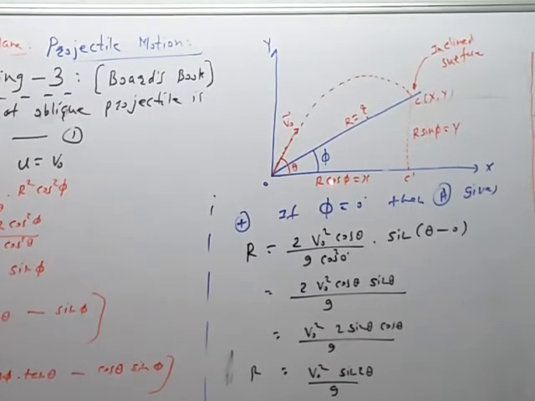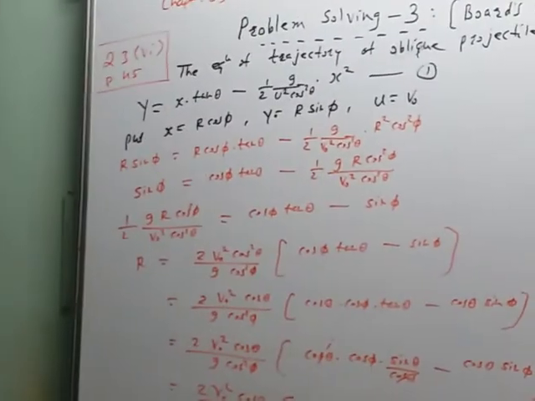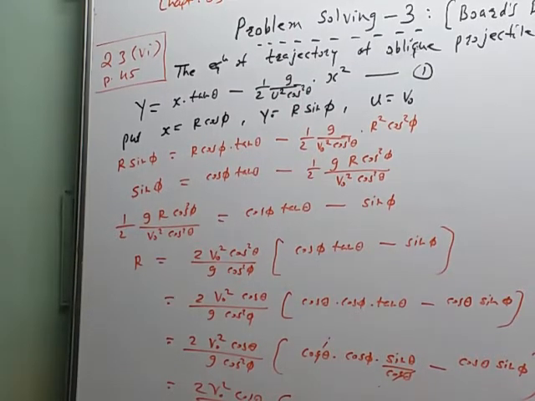So x is equal to R cos phi and y is equal to R sin phi. So putting these values of x and y, and u equal to v0, this equation becomes like this. So by solving this trigonometrical relation, finally we get R is equal to this much.